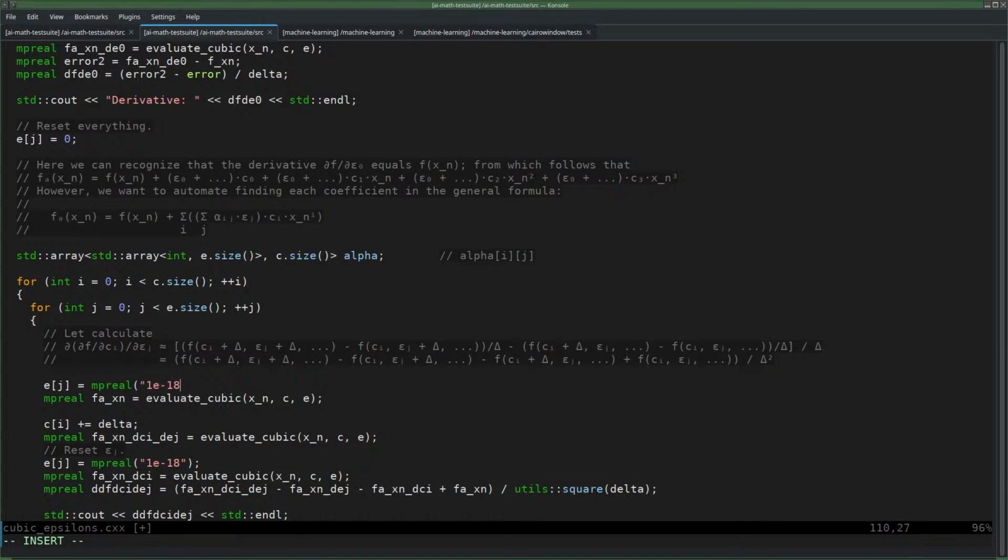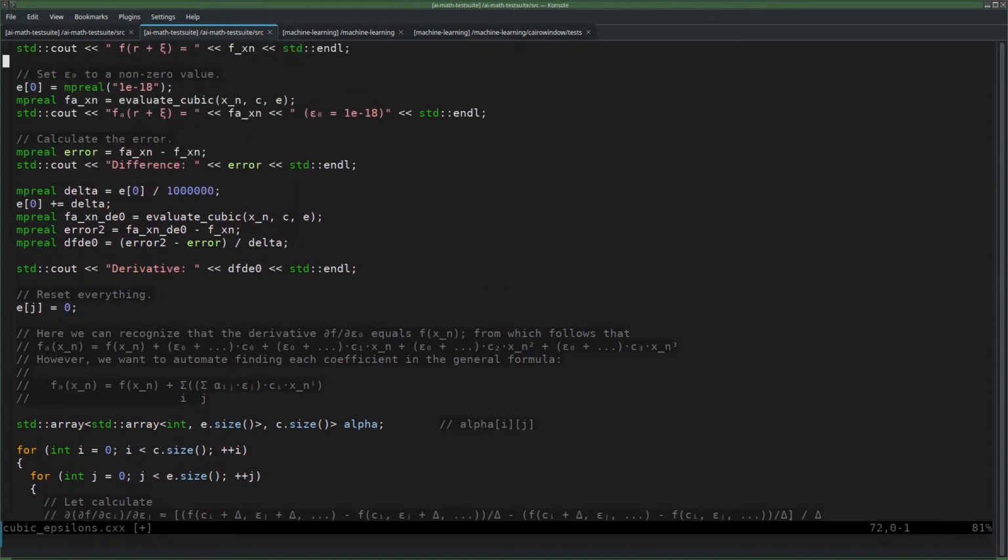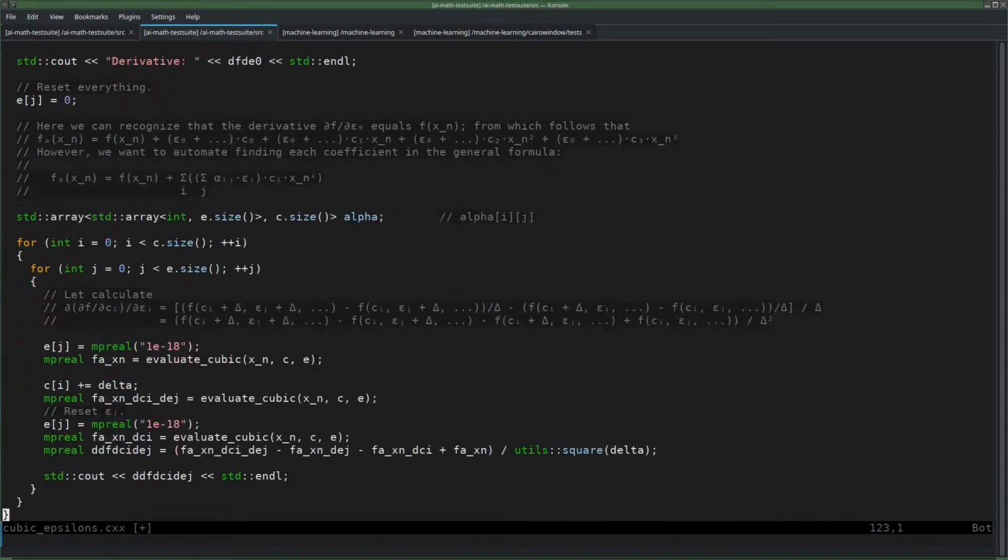That's what I was using. Yep. So the coefficients are already set, they're just the cubic, and the epsilons are all 0 except for ej now. And I don't think it really matters. I could set the others on as well, but then why not set them to 0?